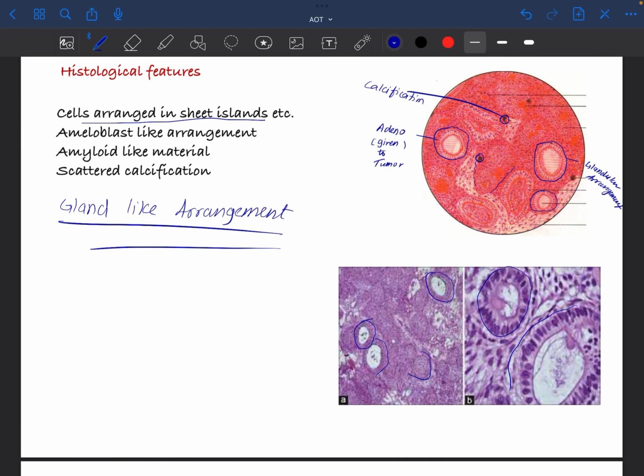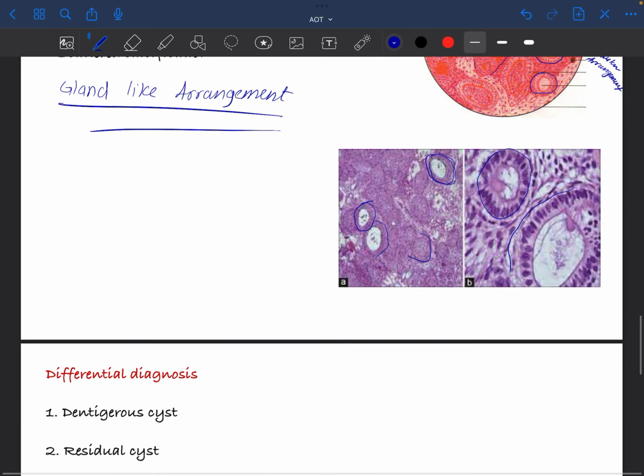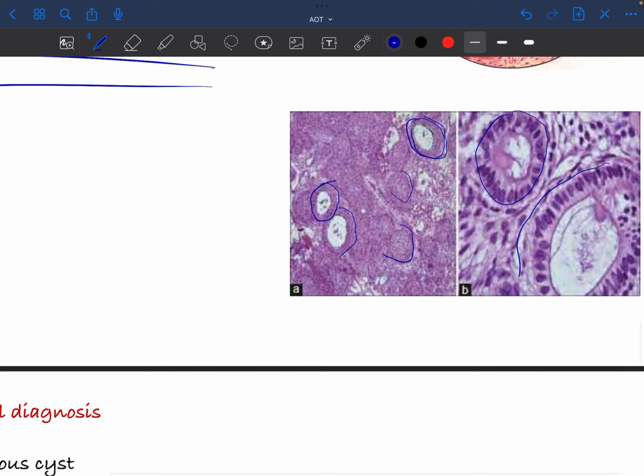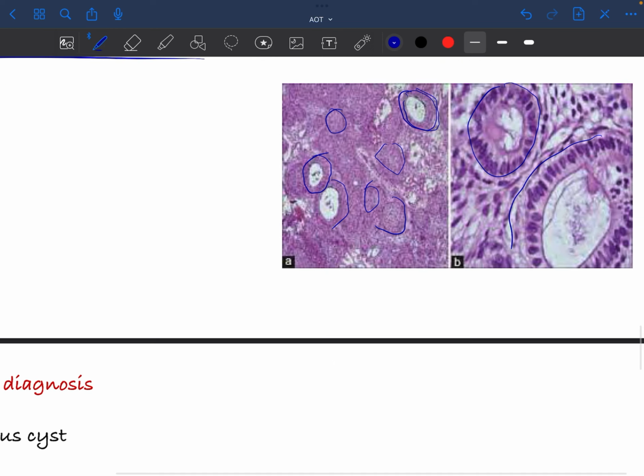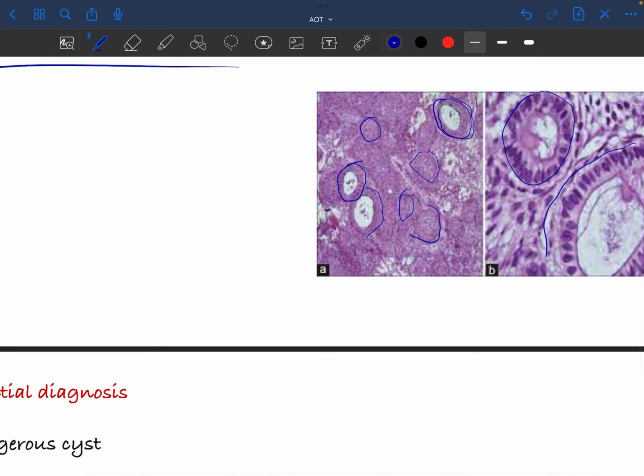If you want to differentiate between AOT and ameloblastoma, you just have to look out for these features. If you can find them, it's AOT. If you cannot find them, it's ameloblastoma. That's easy. Otherwise these follicular patterns you will find in ameloblastoma also, in follicular ameloblastoma. In adenomatoid, you have to find these rings.